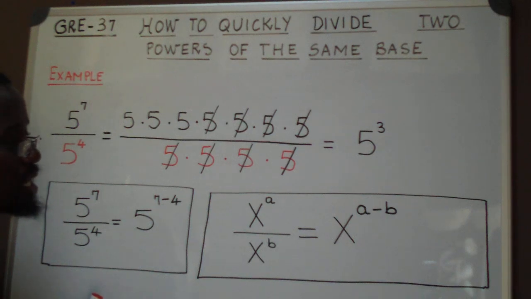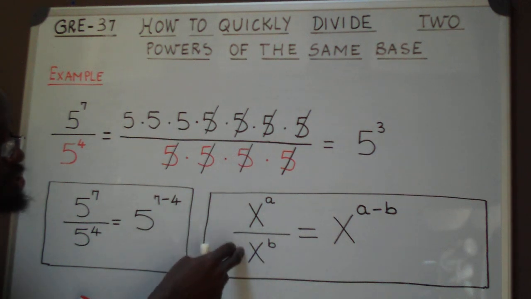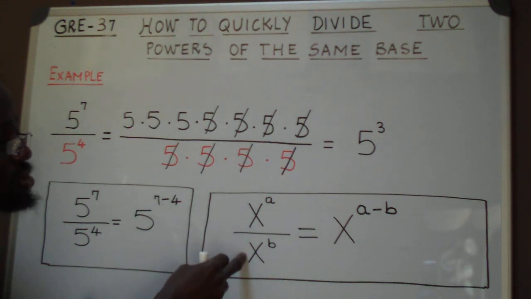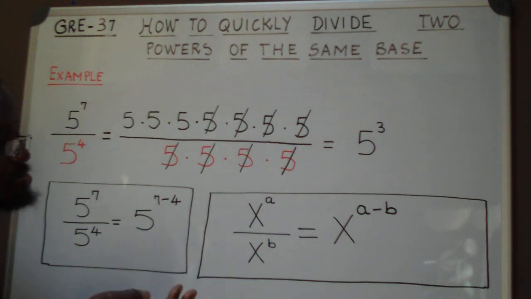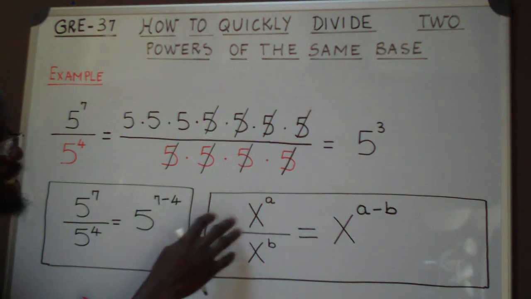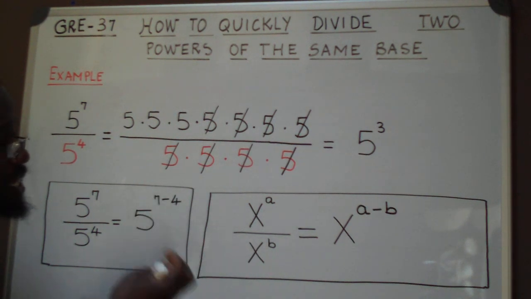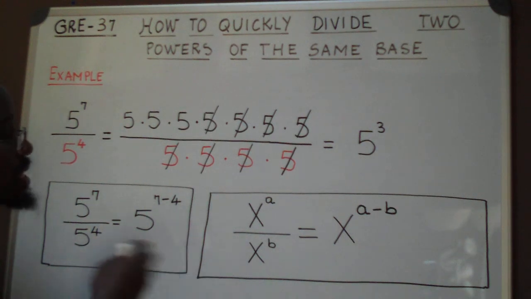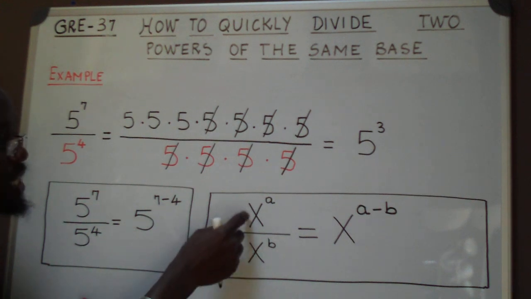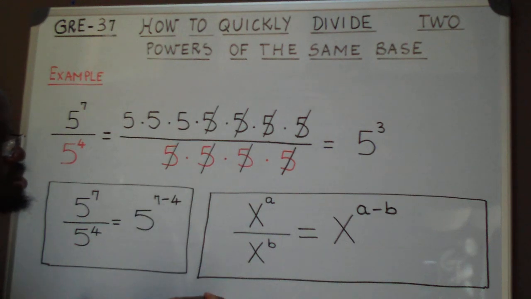Let me repeat this again. If you divide two powers of the same base, as long as the base is different from 0, in other words, the x cannot be equal to 0, but the x can be any number whatsoever. It can be 1, 2, 3, 4, 5. It can be any number, as long as the x is not 0.